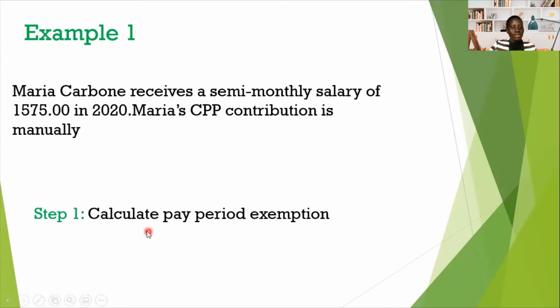The next step is step 1, calculating the pay per period. We know that in 2020 the government has an exemption of 3,500, but that is the whole year amount. How much do you have to deduct from this paycheck semi-monthly? You have to calculate the pay period exemption.